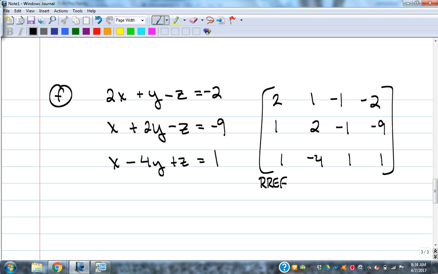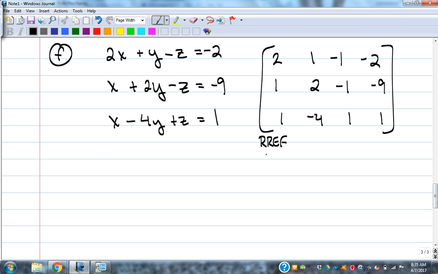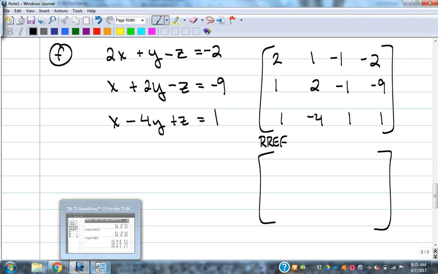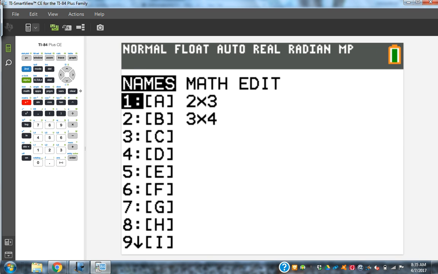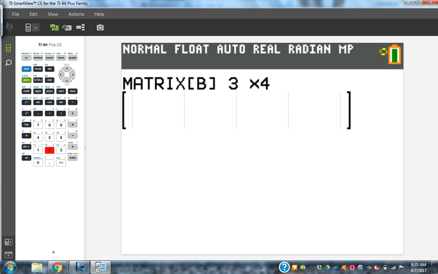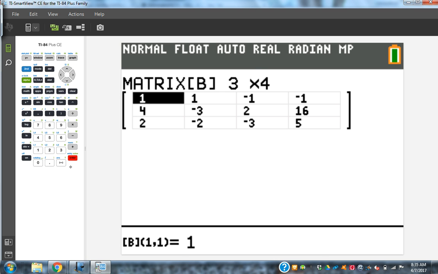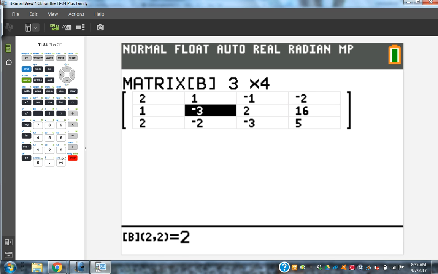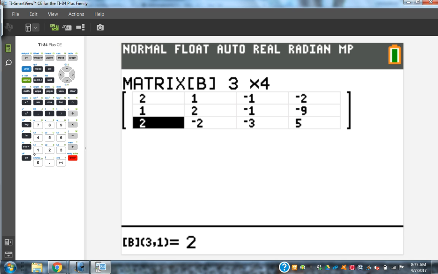See what happens with it. 2, 1, -1, -2, 1, 2, -1, -9, and then 1, -4, 1, 1.